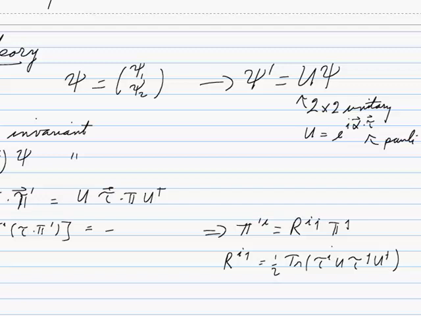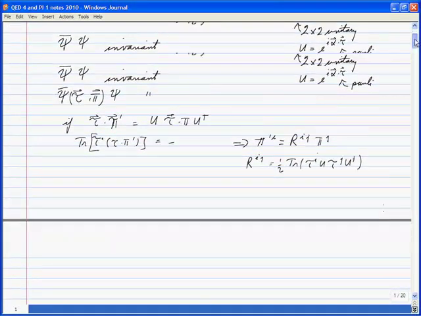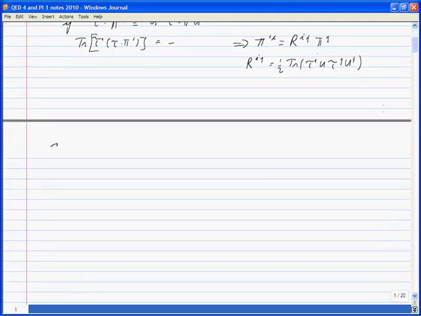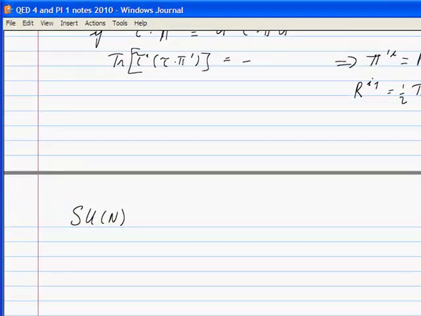So those are the invariances in SU(2). The nice thing about this notation is that it generalizes. So if I now want to do SU(N), everything basically stays the same.